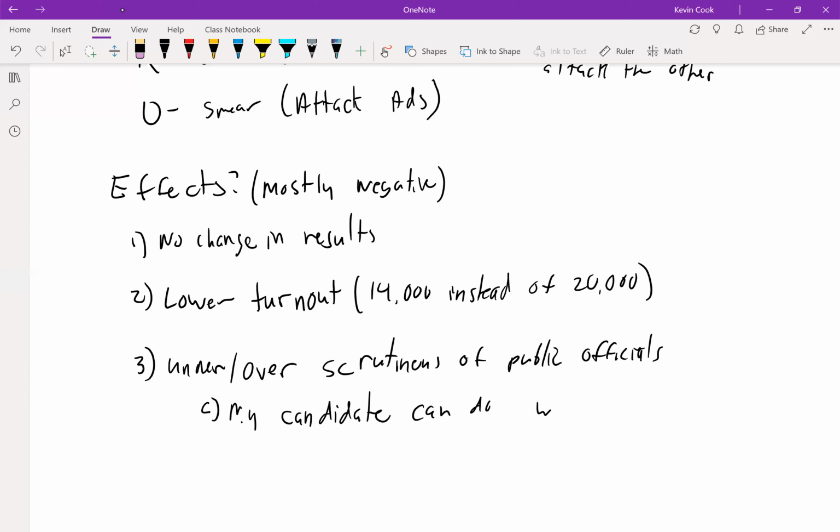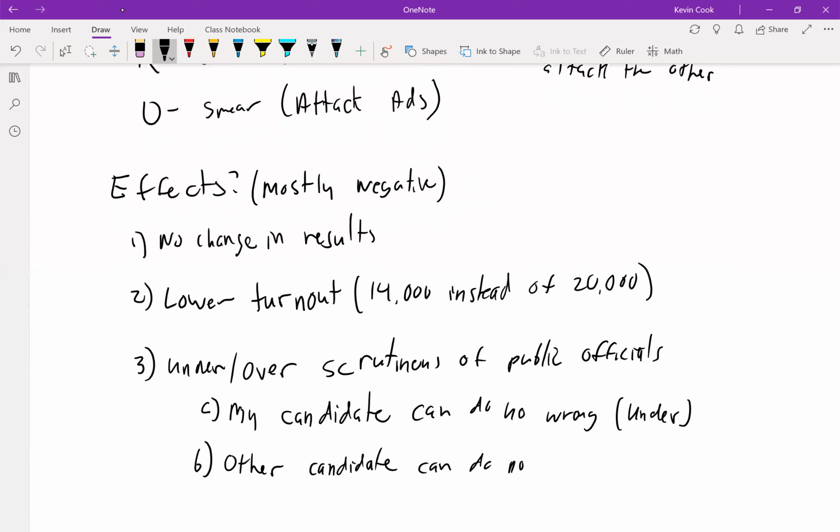And this is our under case, where I don't give any scrutiny to my candidate. But on the other side, the other candidate can do no good. And this is where we are over scrutinous.